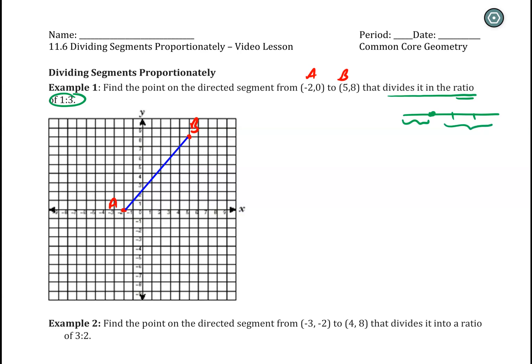If I've got 1 here, and 1, 2, 3 over here, the part that usually messes everybody up is how many sections is this total? That means there's a total of 4 segments. So even though the ratio is 1 to 3, that's a total of 4 segments. That's key. That's going to be important for us to work here.